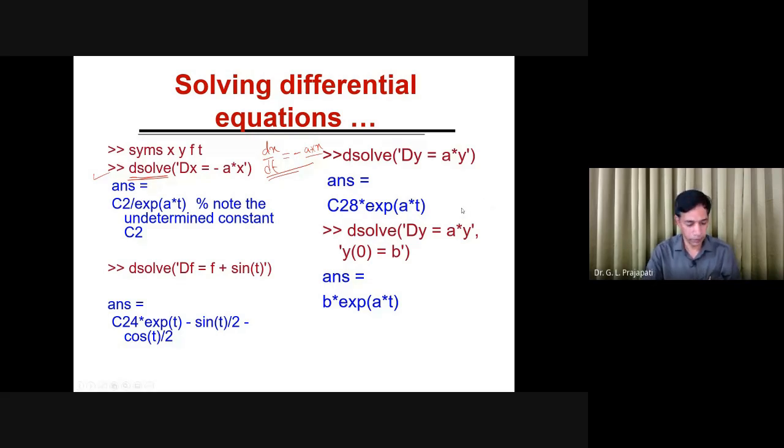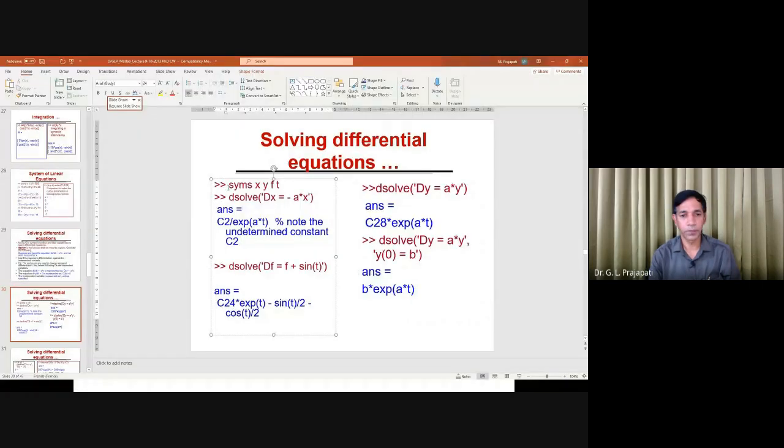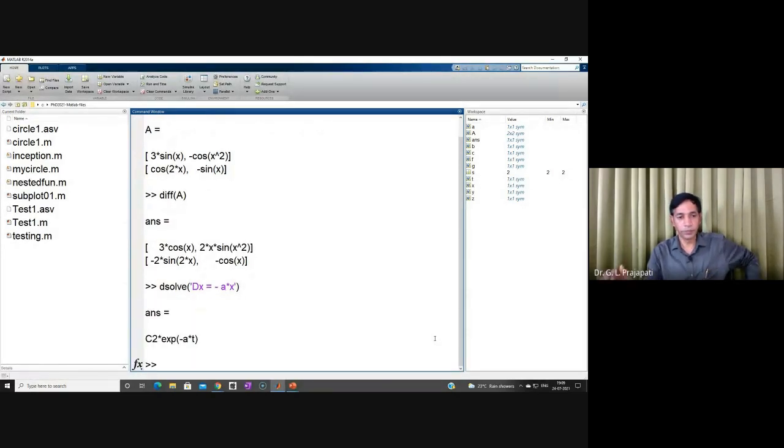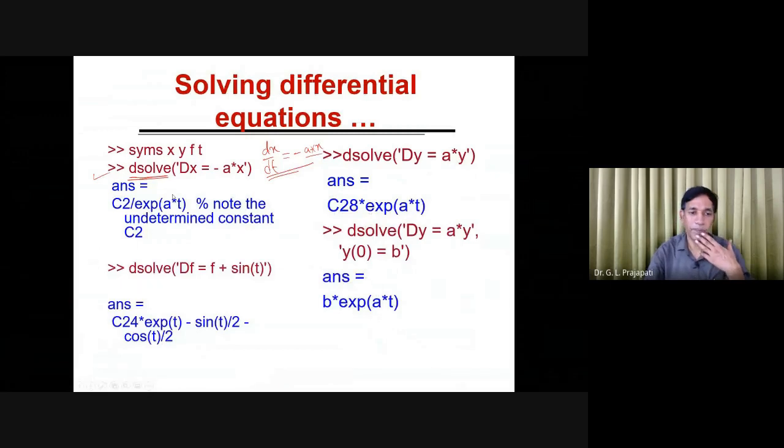If you want to do it in MATLAB like this, if you say dsolve this, then see, you are getting the answer like this with the help of MATLAB. C2 times exp and this. So this is the way you are getting the answer with the help of dsolve.